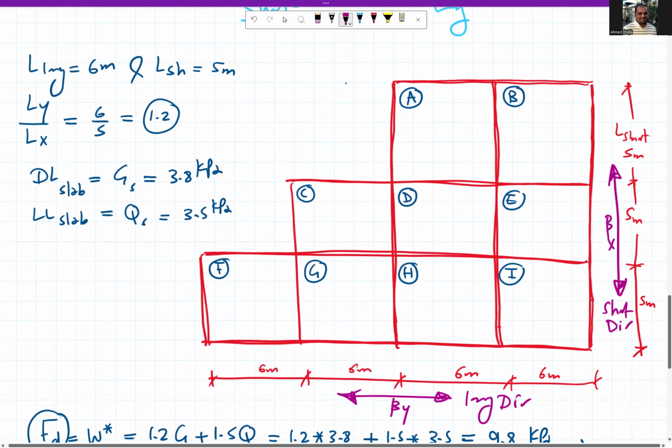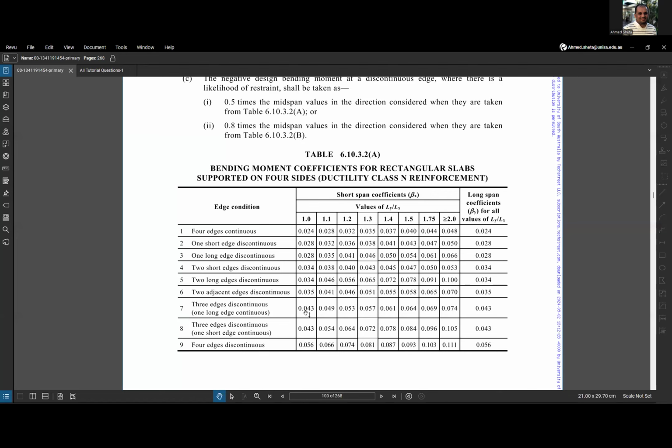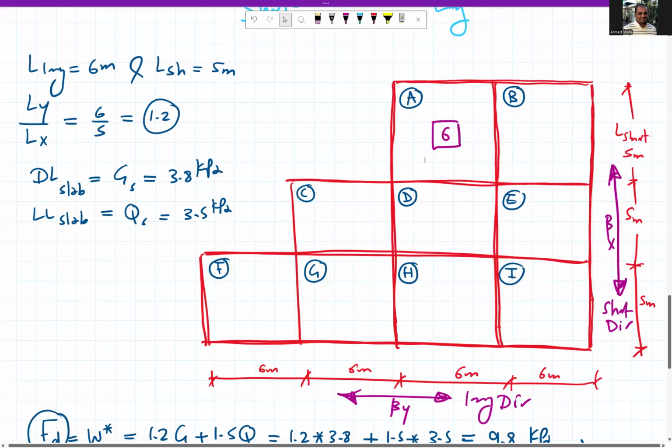So if we look at plate A, or slab A, this is condition 6. Just to show you the standard table again, we have 6 is 2 adjacent edges discontinuous. So here we have a discontinuous edge and a discontinuous edge, 2 adjacent discontinuous edges. So this is number 6.